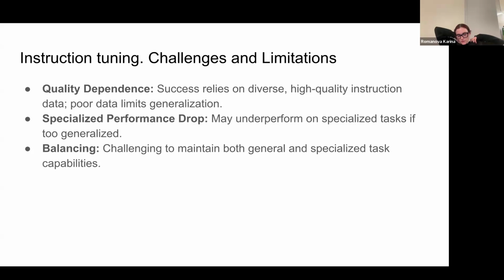In this case, it helps a lot. And all these challenges and limitations just signal that we need to be really careful to clean our datasets and deduplicate all the data.